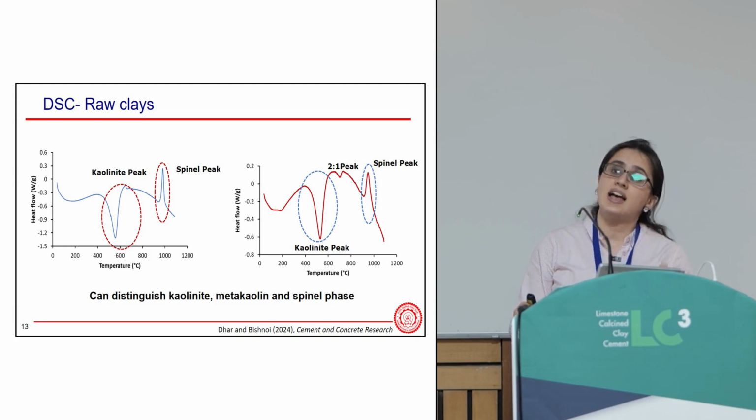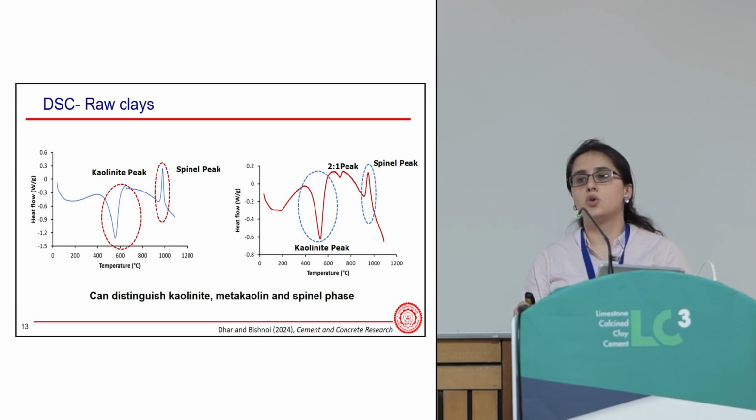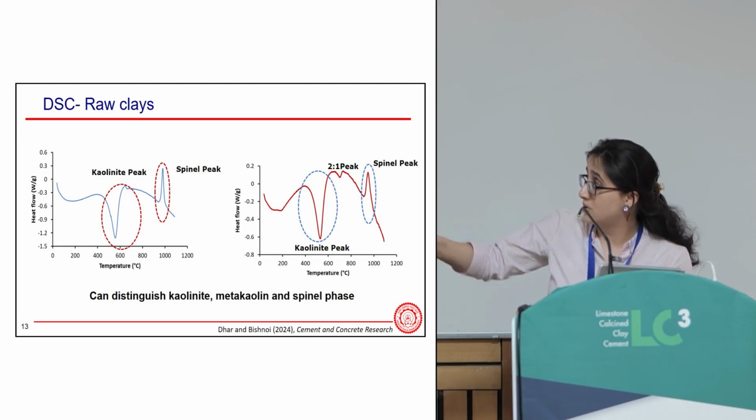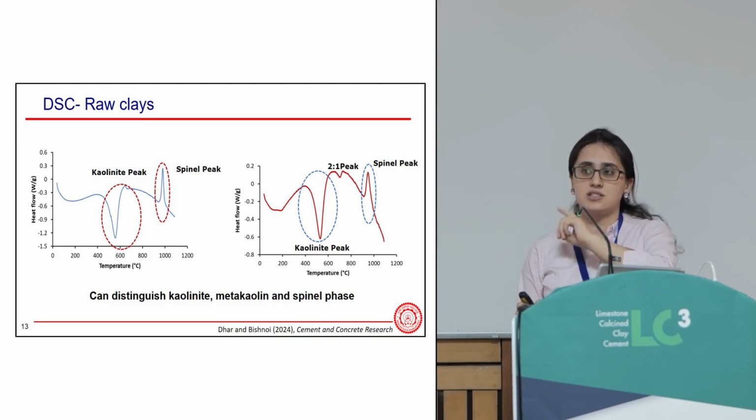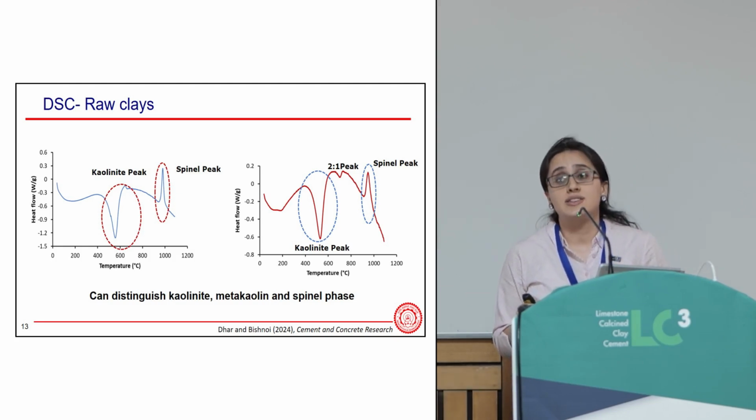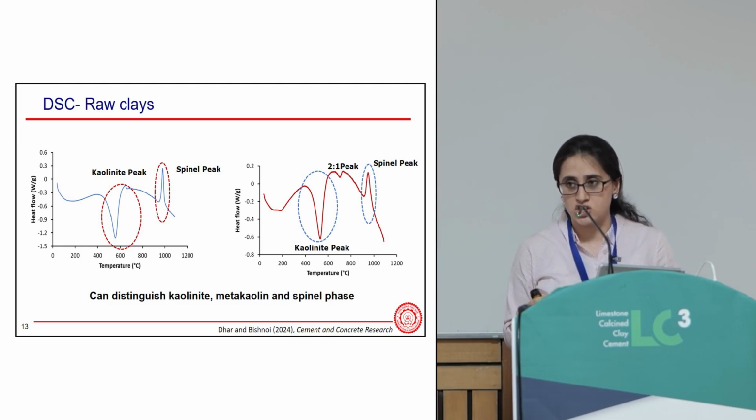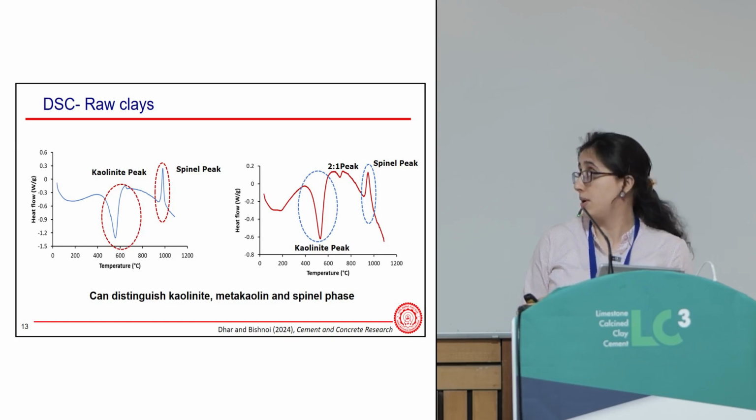So, if your clay has, for example, just kaolinite and quartz, you will see a main endothermic peak, as you can see in that figure, and just one exothermic peak. If your clay has a mixed composition, with a minor amount of 2 to 1 clays, in that case you will see two endothermic peaks.